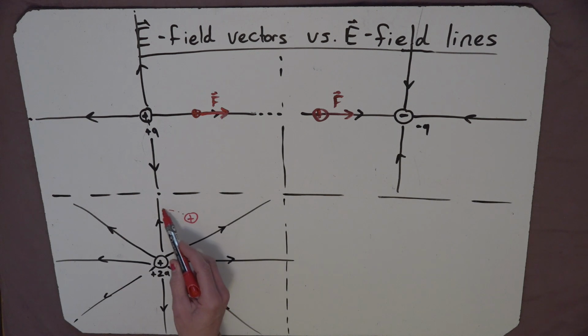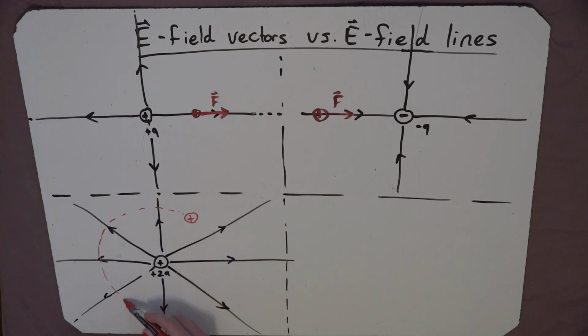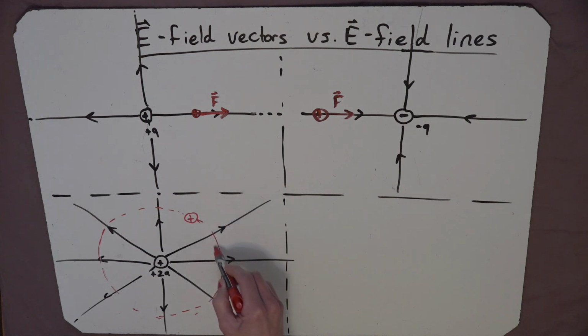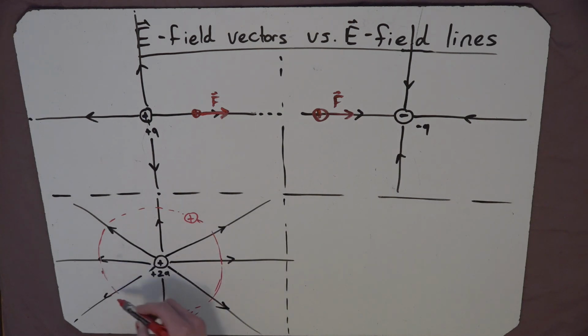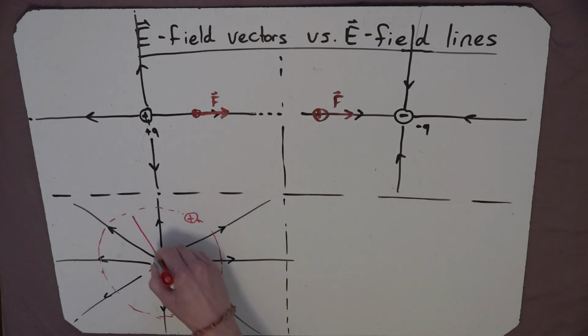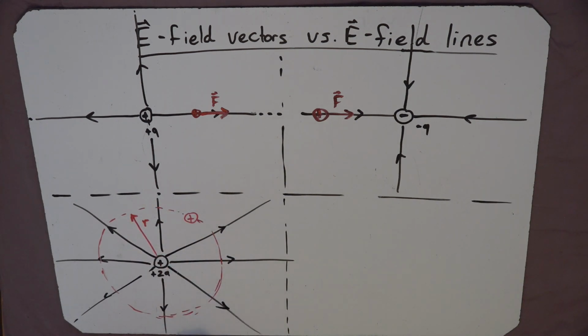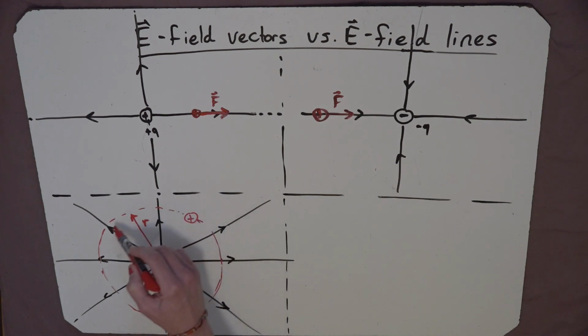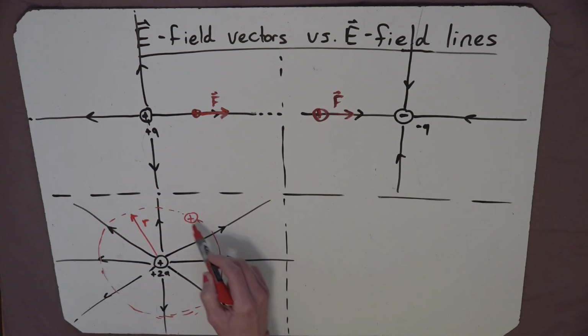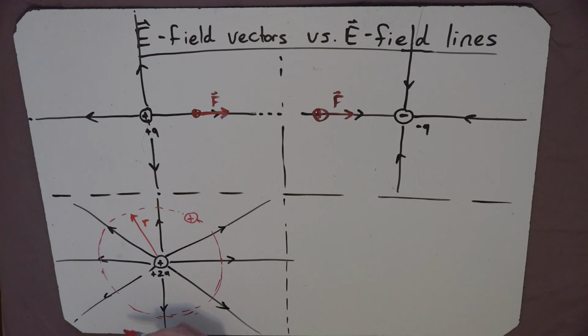Well, all the points that make a sphere around the source charge, like so, all the points that have the same distance r from the source charge, on all these points, the E field has the same strength, although points in different directions.